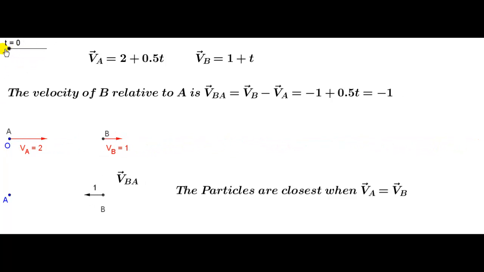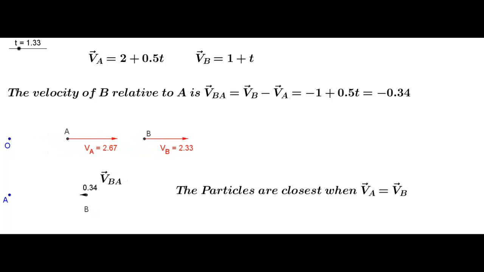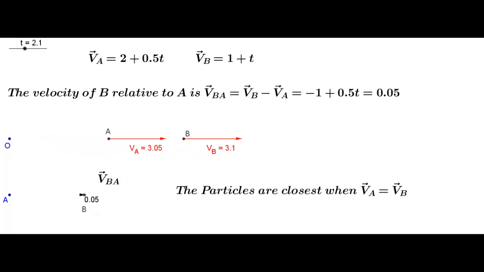So let's look at the time again when B appears to stop. So when VBA becomes 0, I'll just get that value. Okay, when B appears to stop, particles are at their closest, and we are interested in that time.